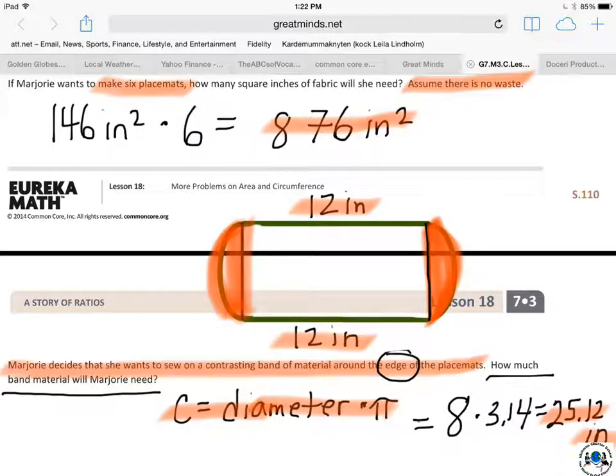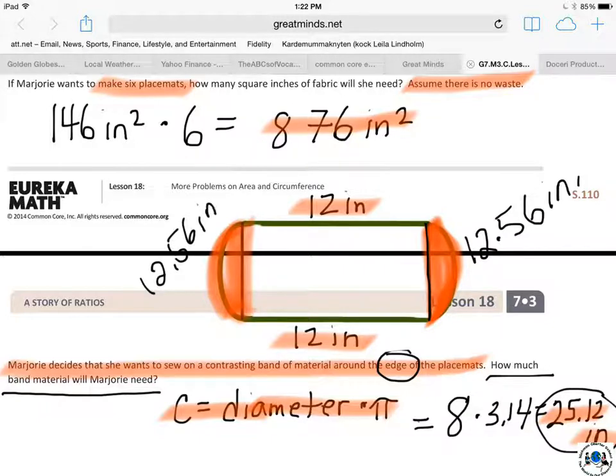Each one of these is going to be half of this. So in fact, this length is going to be 12.56 inches. And this is going to be 12.56 inches. The way we could have gotten that is by just doing half of this formula here.